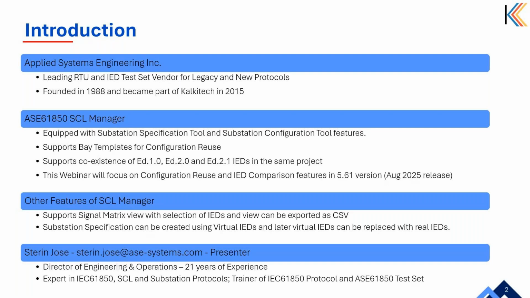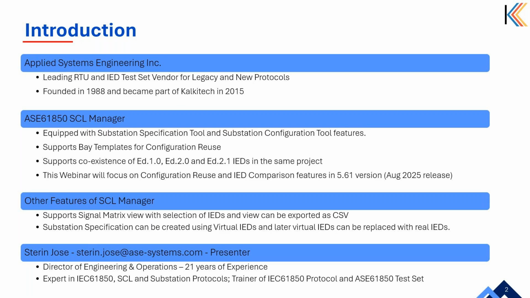And the main focus of our webinar, again, is for configuration and reuse of that configuration design across different IEDs in your applications. We have an August 2025 release that just came out, which we're highlighting today. And then we have some other features we'll talk about within the tool itself.